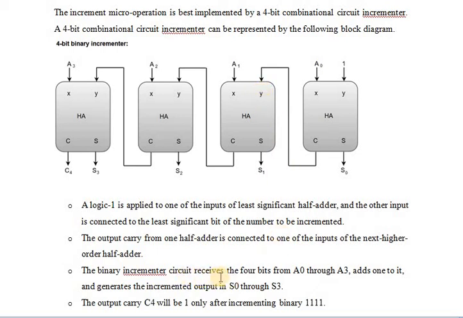So the binary increment circuit uses 4 bits from A0 through A3, adds 1 to it and generates the incremented output in S0 through S3. The output carry C4 will be 1 only after incrementing binary 1111.